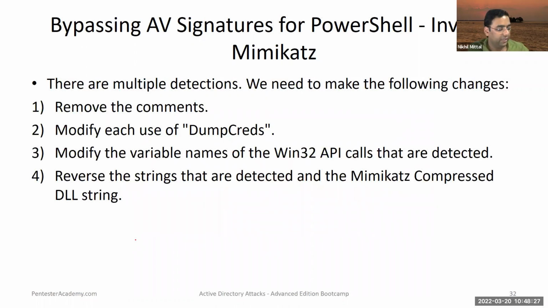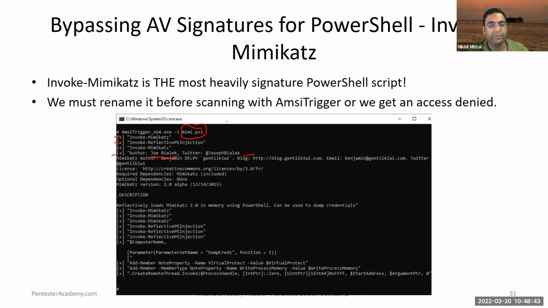So first thing, and this is actually the basics of any obfuscation, always remove the comments and rename the variables. In this case, what AMSI Trigger suggests is, first, of course, to remove the comments so that all of this is removed.